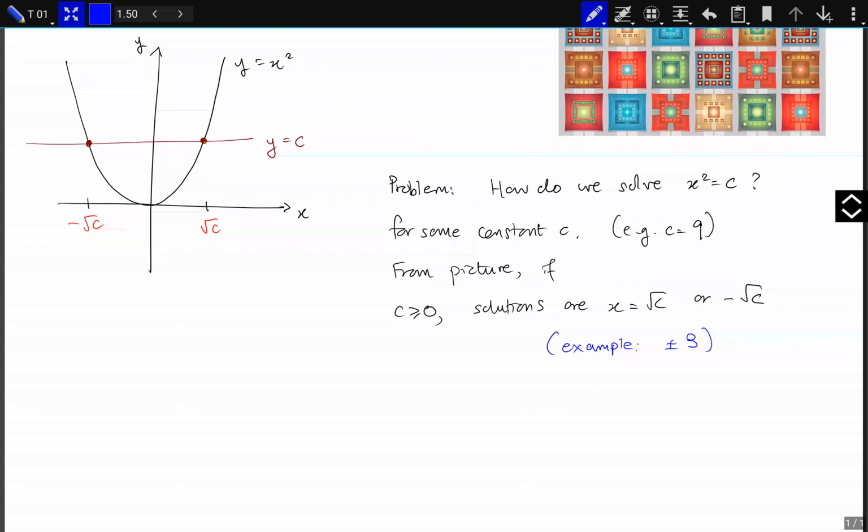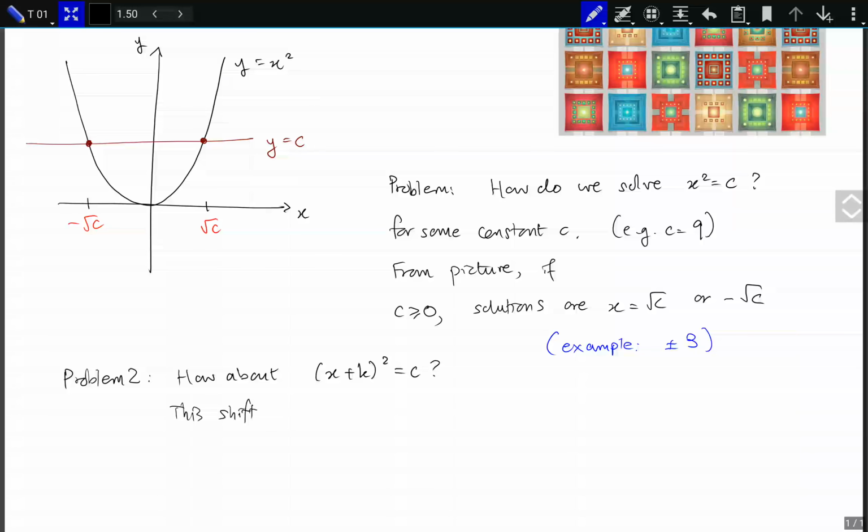So what about solving problem 2? How about x plus k squared equals c? Now this time k is some other constant, and this shifts the solutions by minus k.